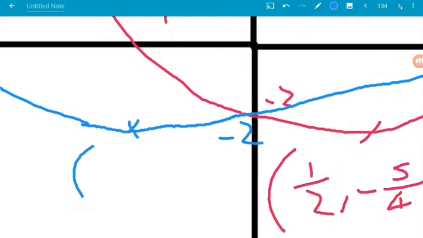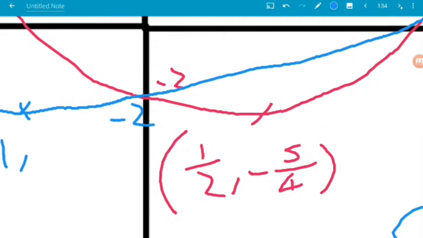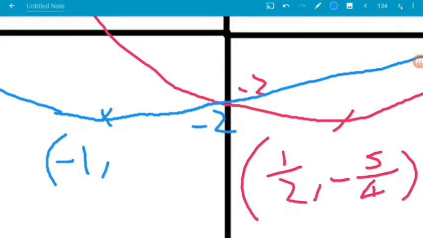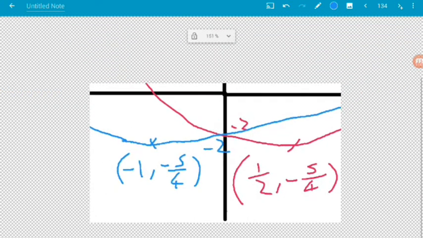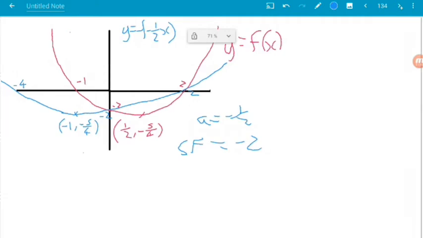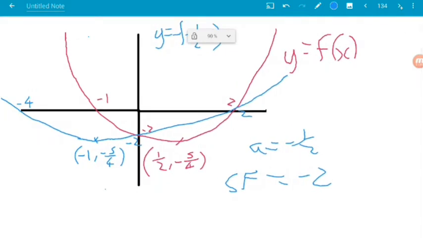So the minimum is at -1, and the y-coordinate is exactly the same, -5/4. What that's done is stretch the quadratic along the x-axis, so it's made the graph fatter or wider, if you like.